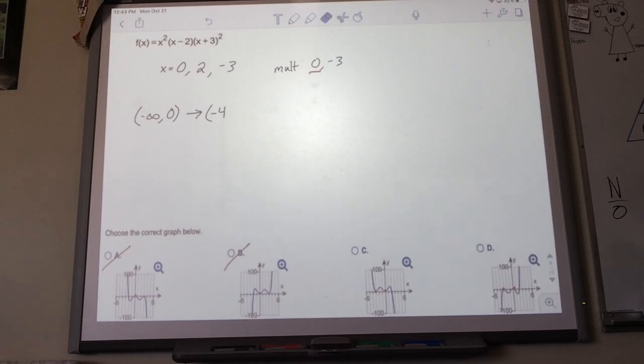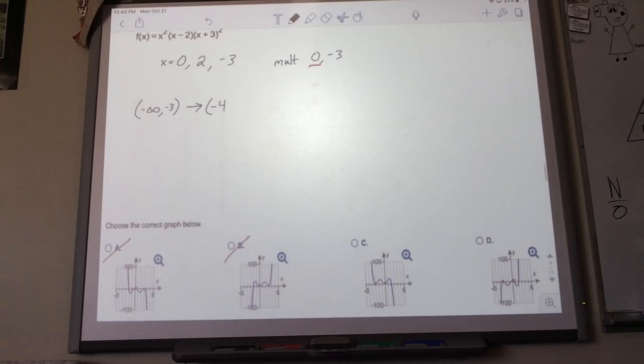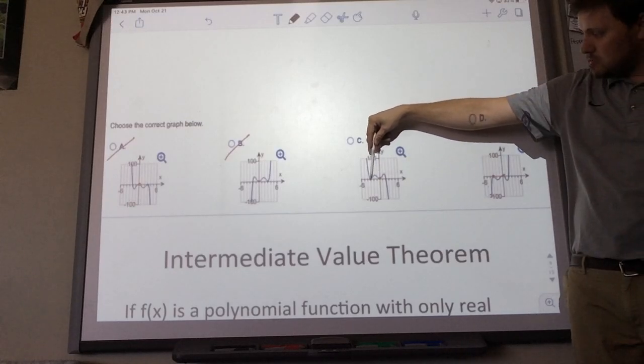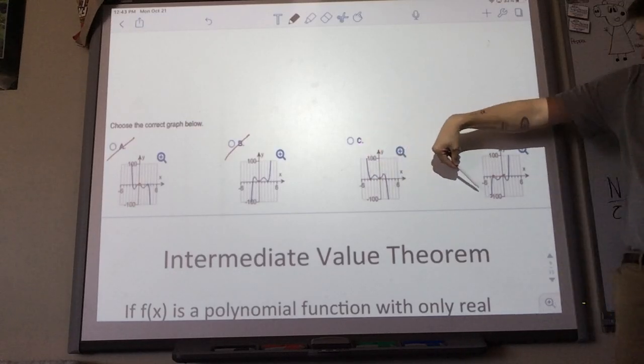Actually, that should say through -3. Because we're testing everything until this point, and everything until this point. We're seeing if it's a positive or if it's a negative.